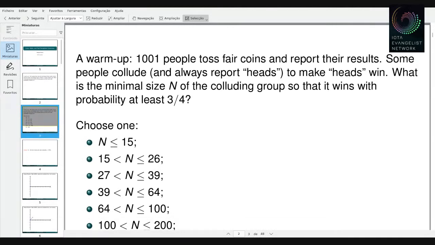Ask your intuition what it tells you. Should n be small, like at most 15? Should n be between 15 and 26, or between 27 and 39, and so on? Or should n be greater than 100 or greater than 200? So what is the minimal size of the colluding group?